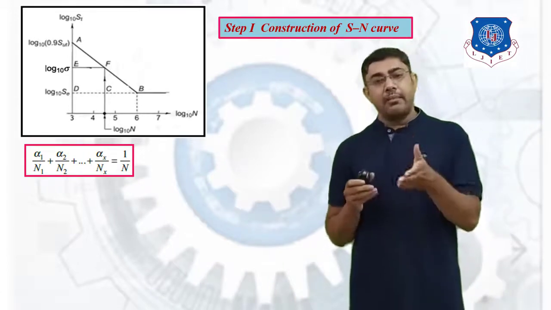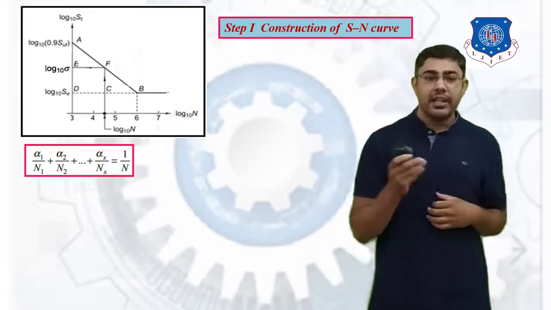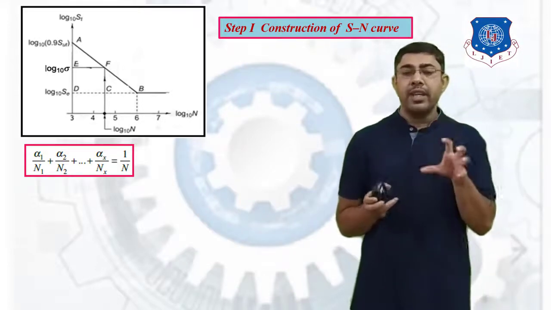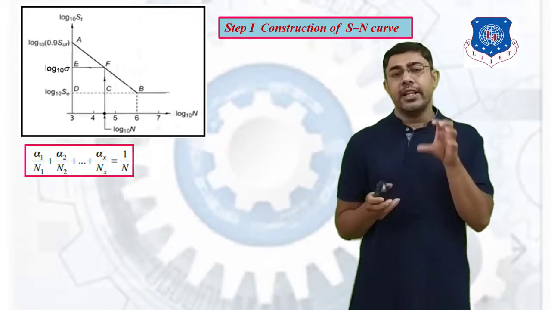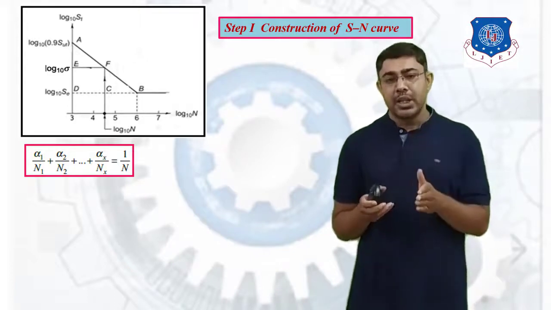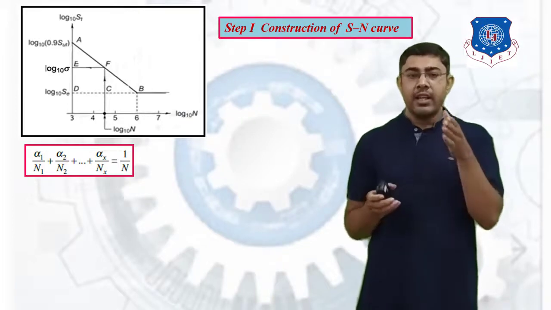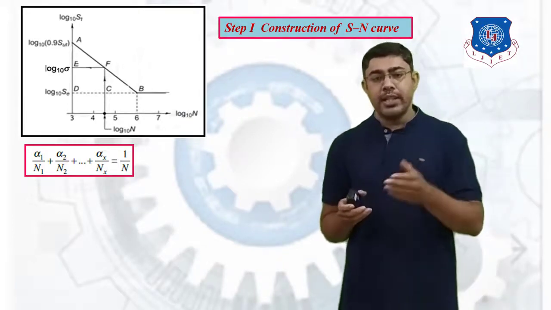Alpha 1, alpha 2 and alpha 3 are given in our problem. So we first calculate capital N1, N2 and N3 for the stress levels sigma 1, sigma 2 and sigma 3.